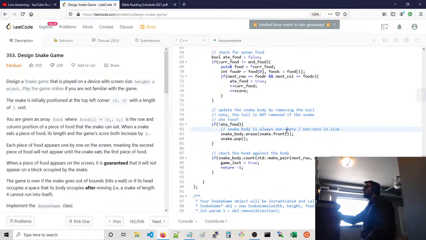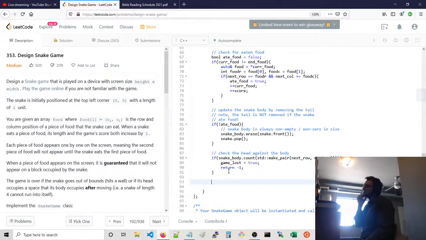If you haven't eaten the food, you remove it from the body, pop the tail from the queue, check the head against the body, right? If we hit, then we lost, and that's the end of it. Otherwise, now here we assume we haven't hit the body. We would update the position for the head, insert the head into the queue and the body set.